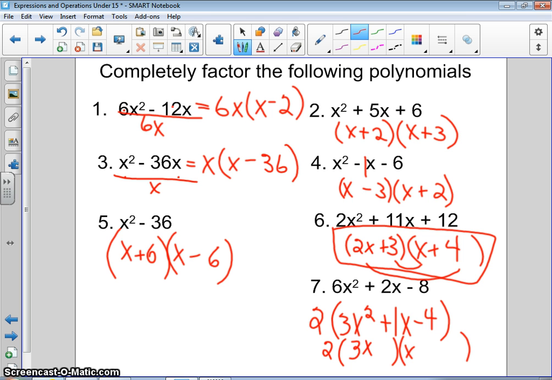We're looking for numbers that multiply to negative 4, and I need to get a 1 in the middle term. Let's see, let's try this. Plus 4 minus 1, and see if that works for me. That's going to give me a plus 4x right here, and it's going to give me a minus 3x out here. 4x minus 3x is 1x, so this is my winner.